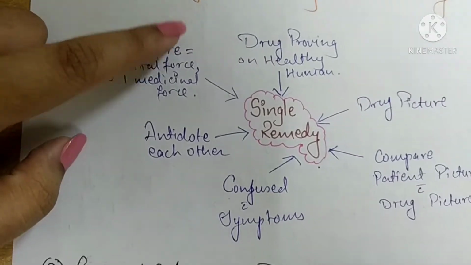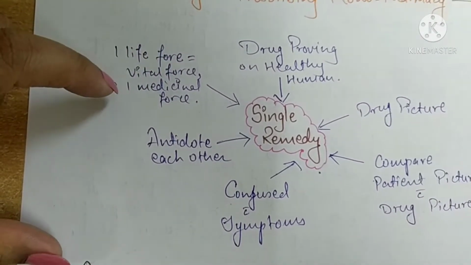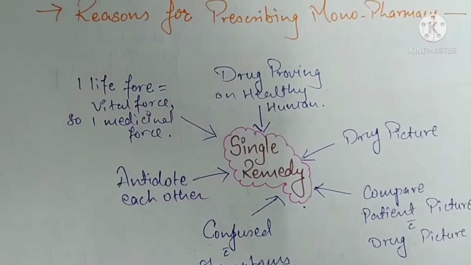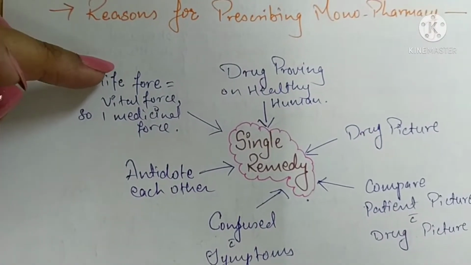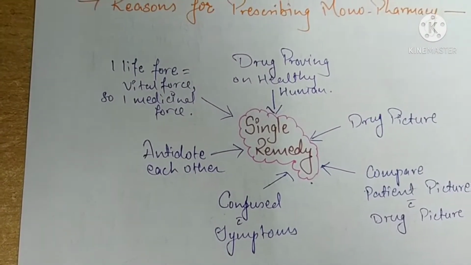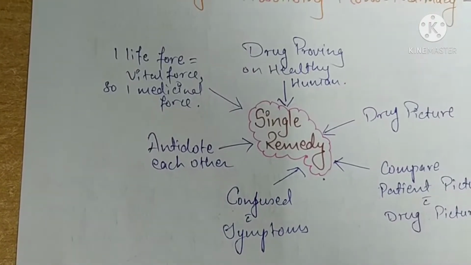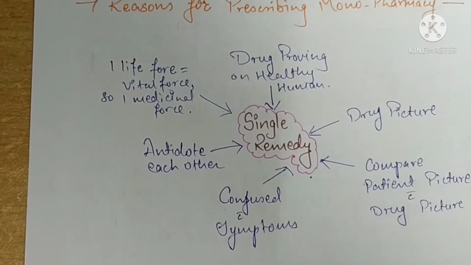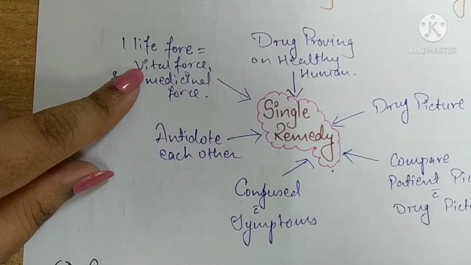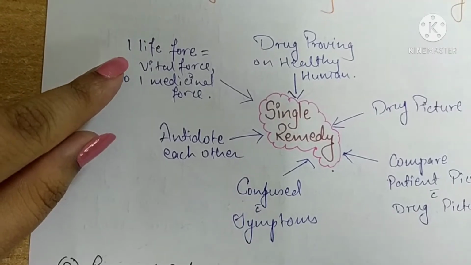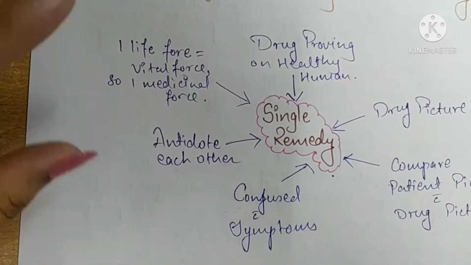Then, one life force equals vital force, so one medicinal force. As Hahnemann has told, the vital force is only one in one person, which handles life and is also called the life force. So if the one vital force is deranged, then only one medicine should act on that vital force, not so many medicines.